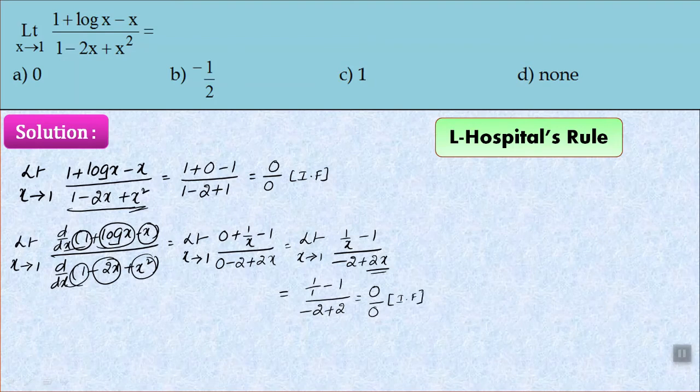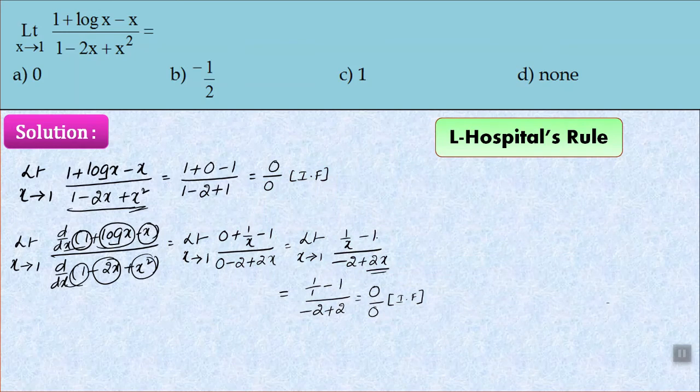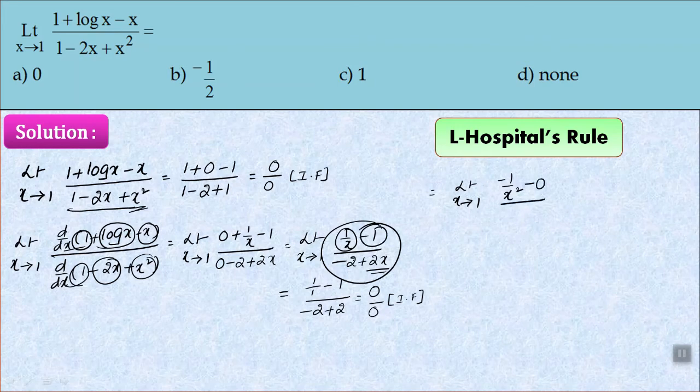So again using L'Hospital's rule, limit x tends to 1, in numerator and denominator differentiating with respect to x: d by dx of 1 by x is minus 1 by x square, minus d by dx of 1 is constant 0, divided by d by dx of minus 2 is constant 0, plus d by dx of 2x is 2.